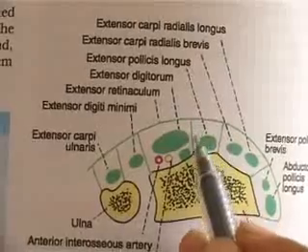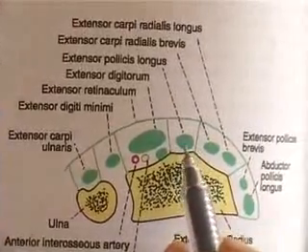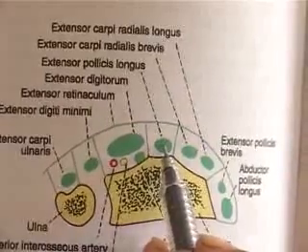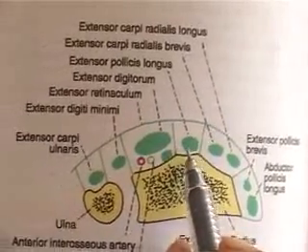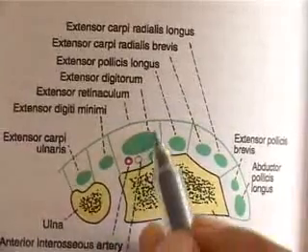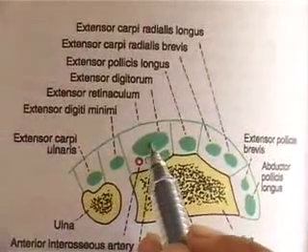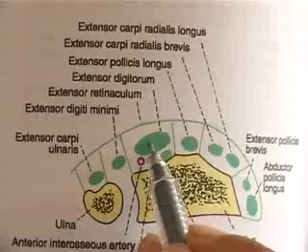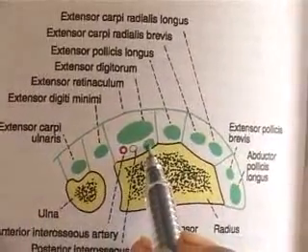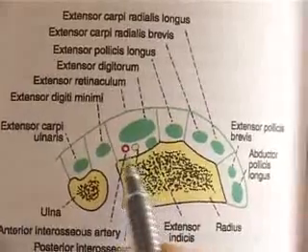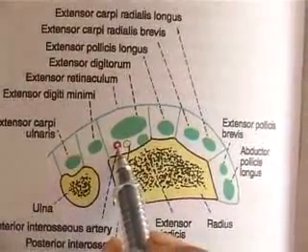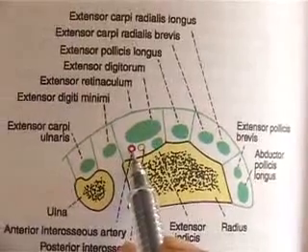Third compartment contains only one tendon, the extensor pollicis longus. Fourth compartment has four structures. First one is extensor digitorum. Next to it is extensor indicis tendon, the posterior interosseous nerve, and the anterior interosseous artery.